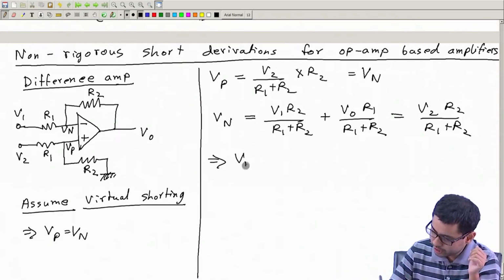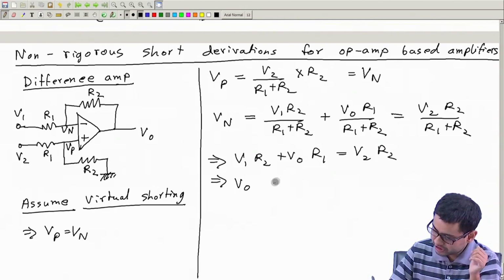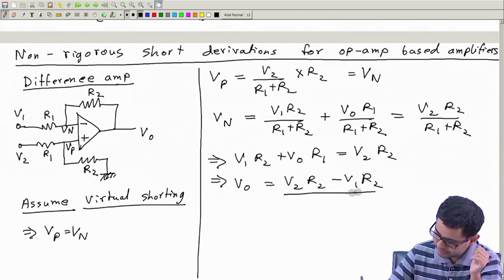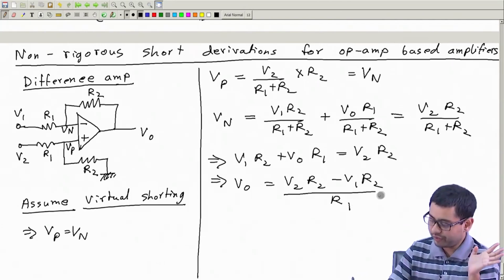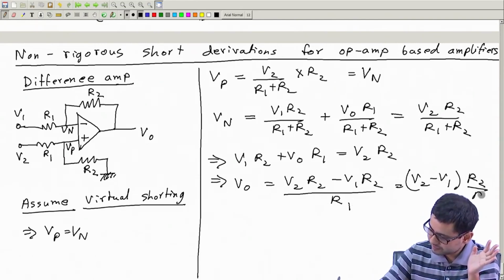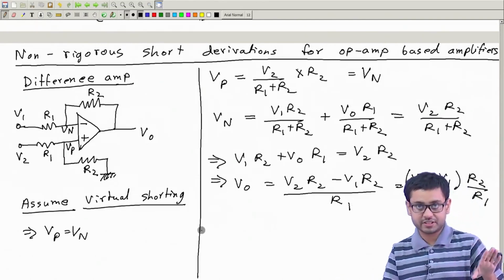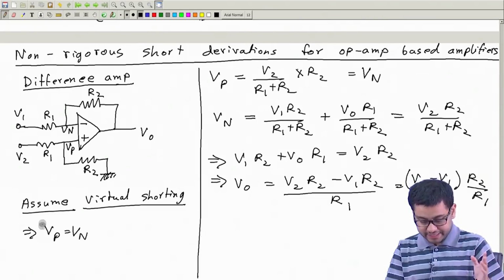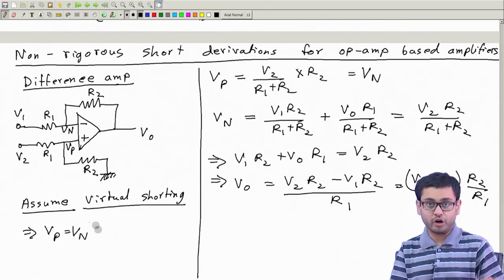So you can write directly V1 R2 plus VO R1, only the numerator, is equal to V2 R2, and from this you will get VO is equal to V2 R2 minus V1 R2, divided by R1. With some small step jumps, we get this very quickly. Okay, so this is a shortcut, right? And the key thing is that we have assumed this virtual shorting.